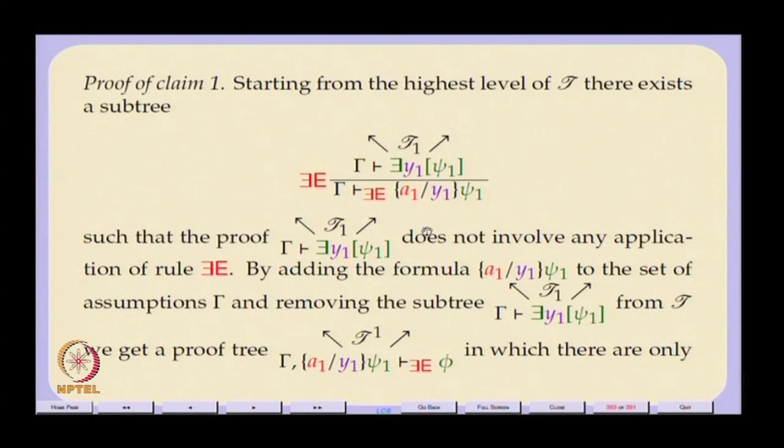Now, it is clear that this tree T1 does not have any application of there exists elimination. So, now when you add A1 for y1 psi 1 to the set of assumptions, you remove this entire tree T1, but you retain this node with the assumption that A1 for y1 psi 1 is an extra assumption. So, then that becomes a leaf of a modified tree.